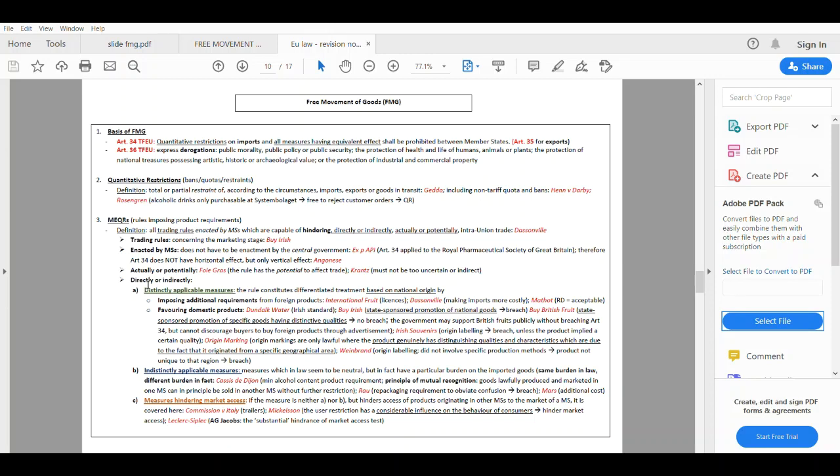So what should the court take for the evidence? For this, you need to bear in mind that for justifying a measure under this ground of Article 36, the member state must take into account the evidence of any test already complied with in the exporting state. For this, you can see the case of UHT milk.